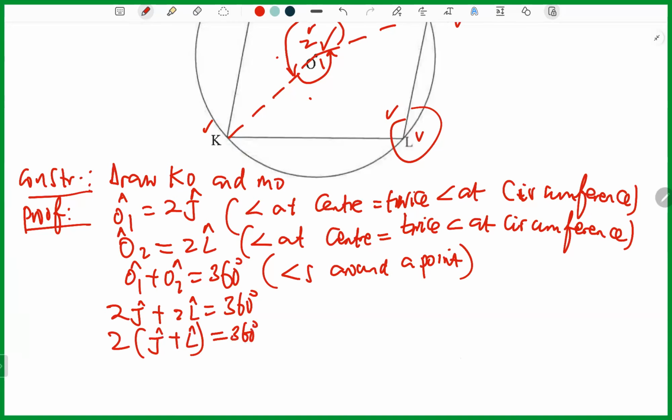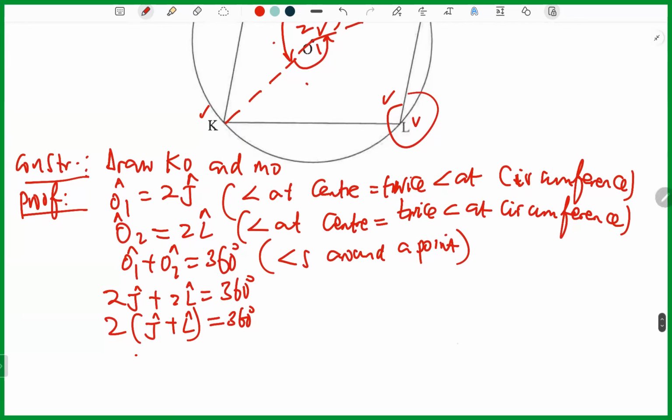So at this point, that means angle J plus angle L is actually equal to 360 degrees divided by 2.